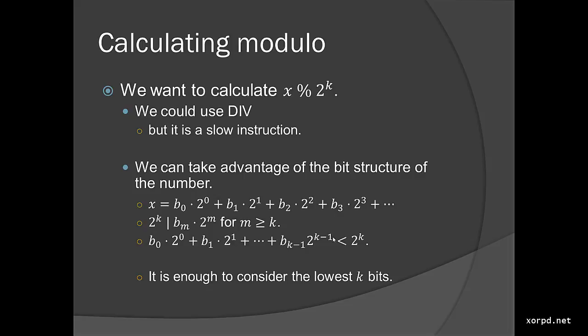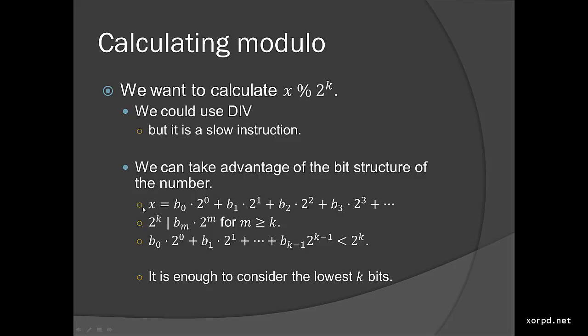We haven't spoken much about speed so far. However, this is something that you should probably know. Div is not a very fast instruction. Maybe we can do something else. We can take advantage of the bit structure of the number.